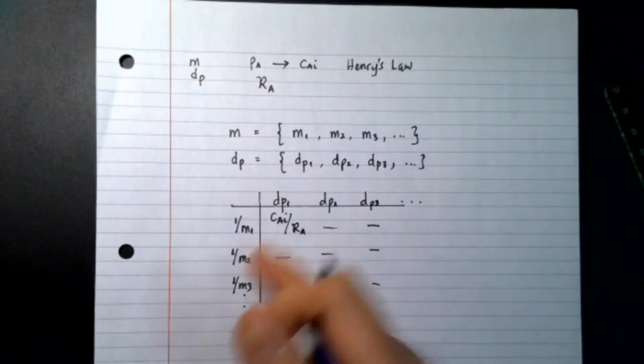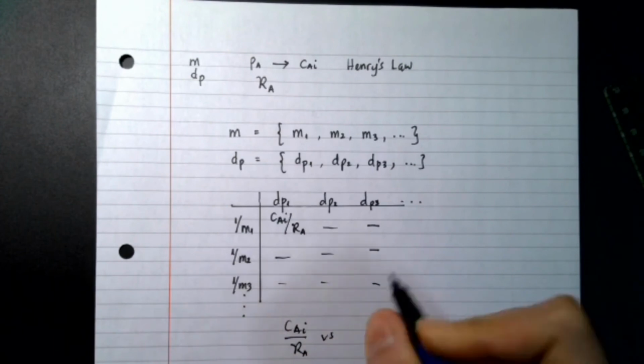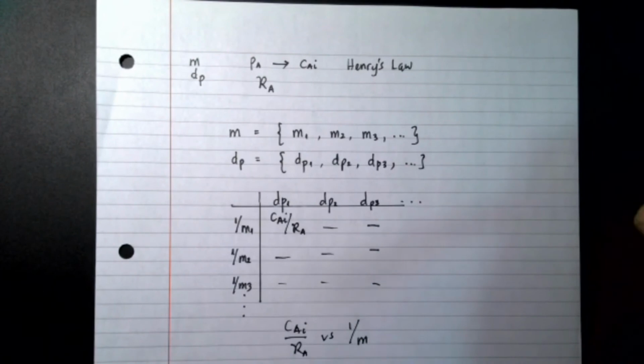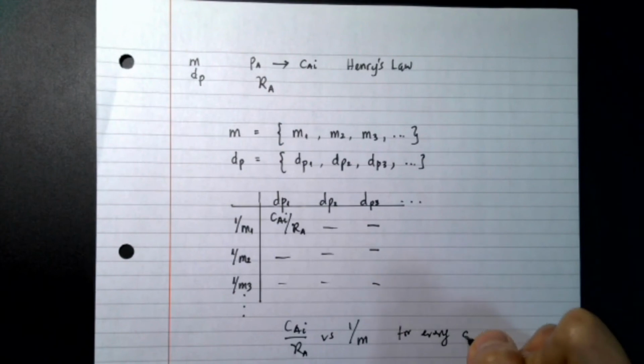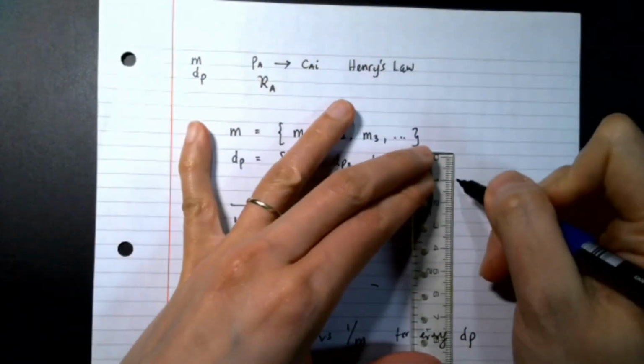So you'll have that for each combination of catalyst loading and particle size. Therefore, you'll be able to plot CAI over RA versus 1 over M. Plot this for every particle size dp. Your plot may look like this.